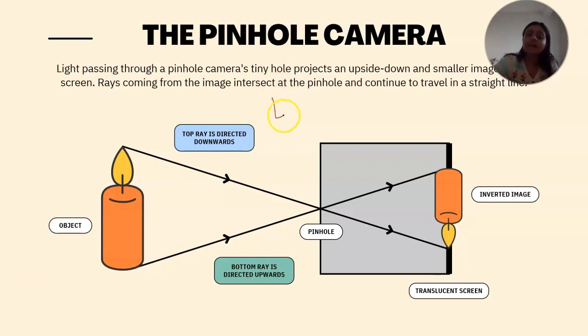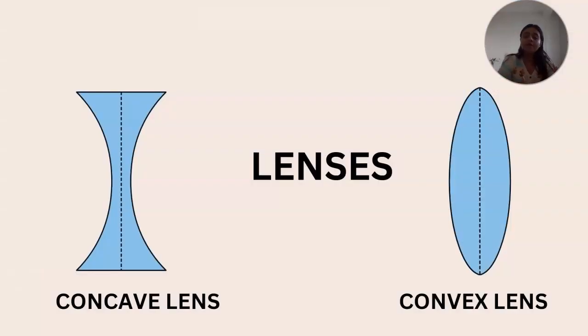Yes, we need a lens. Nowadays cameras have a lens which helps in focusing the object more clearly to get a real and clear image. So we can say that apart from the spherical mirrors, there are also lenses.